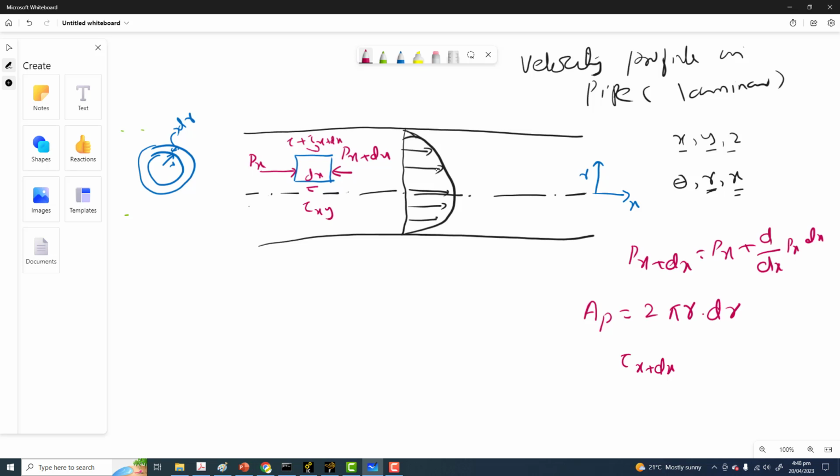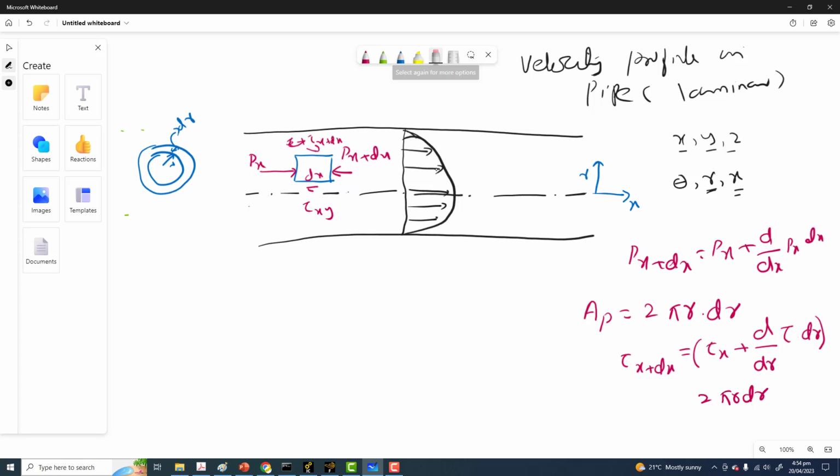This tau at x plus dx is equal to basically tau, plus d by dr of tau, into dr. So this will be like this, and the area for this shear stress would be 2 pi r into dr.